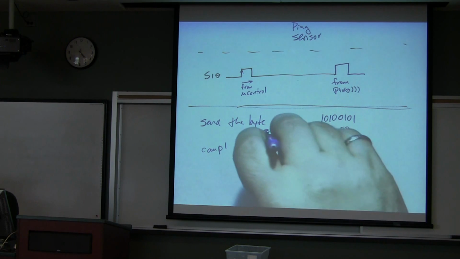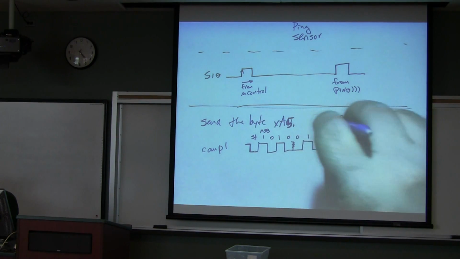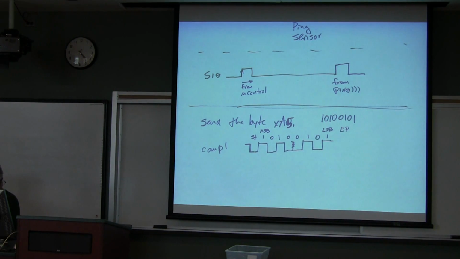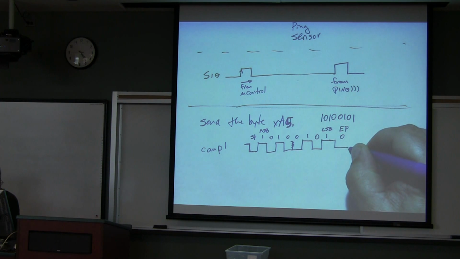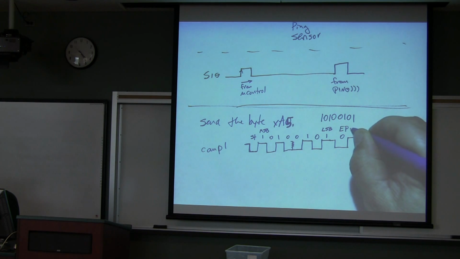So my data bits are 1, 2, 3, 4 ones. To make sure that I have an even number of bits, including the parity bit, this should be 0. And then I have my stop bit, which is a 1.